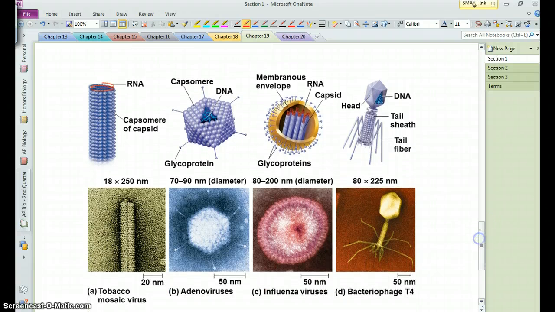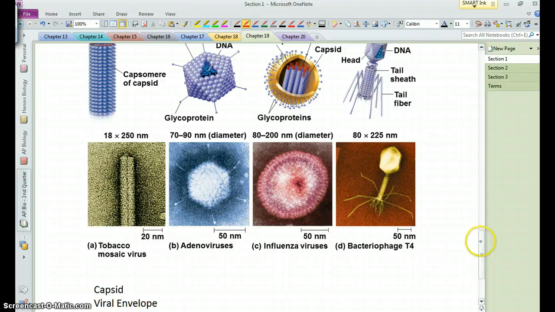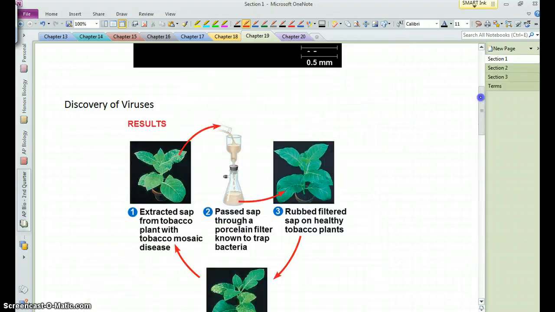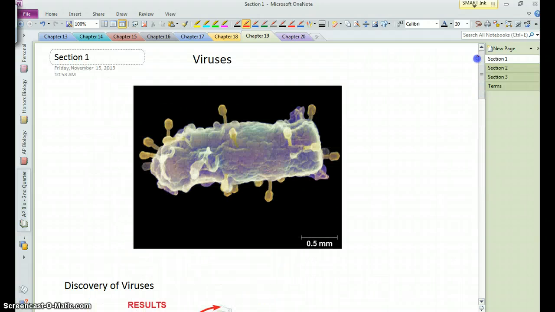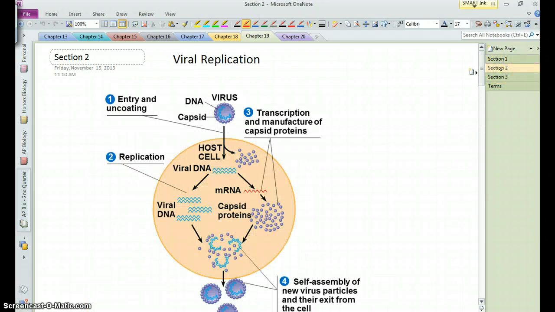There are also these envelope viruses where the capsid and the nucleic acid are then surrounded by a membrane, and we'll see examples of those, including influenza. Again, the phages are referred to as bacteriophages, and then you have some with an envelope, the membrane viruses.